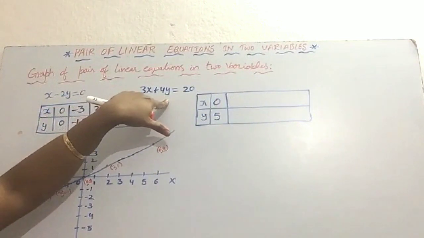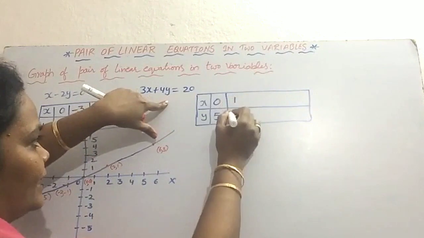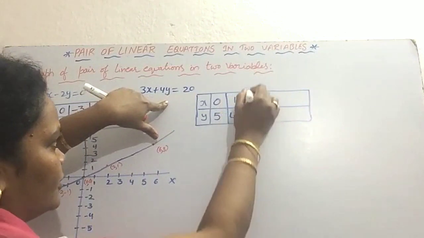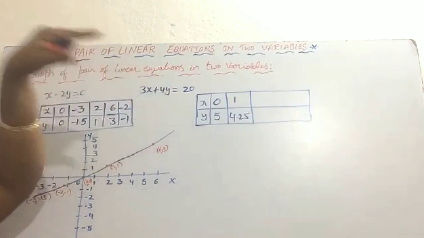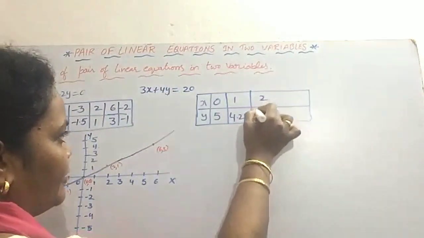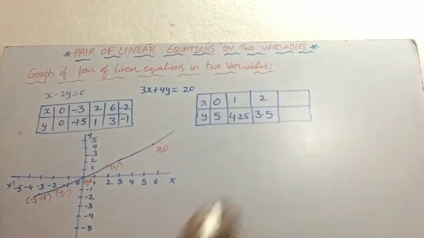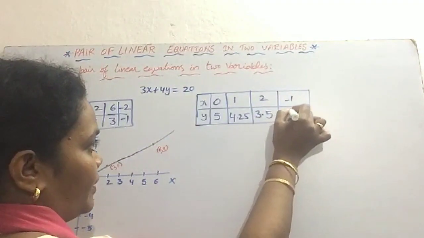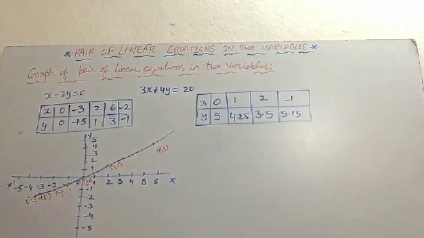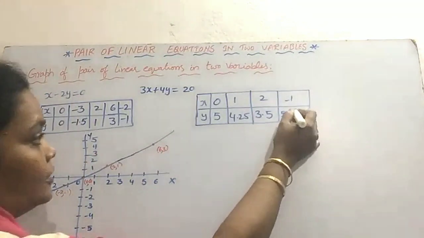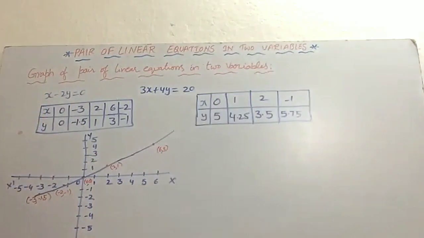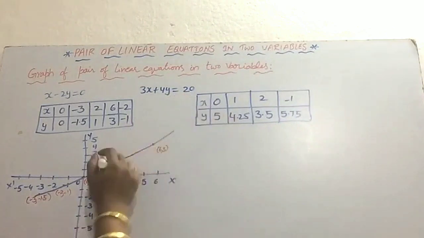And x is equal to 1, we will get 4.25. Now x is equal to 2, then we will get 3.5. Now if x is equal to minus 1, then 5.75.